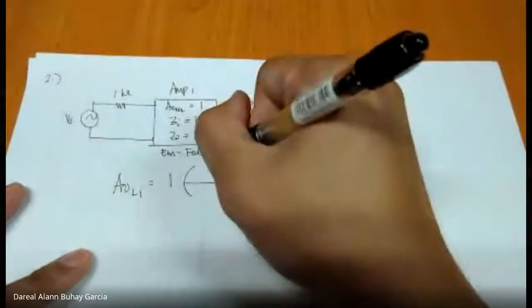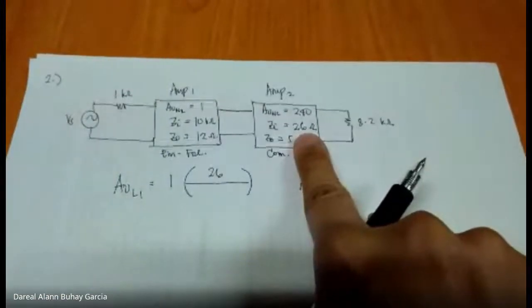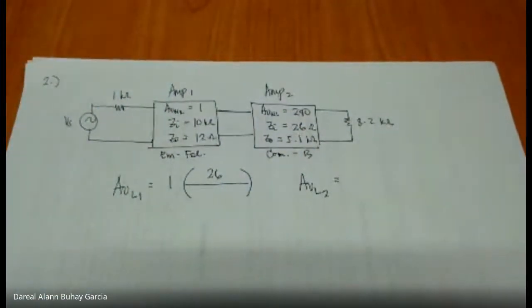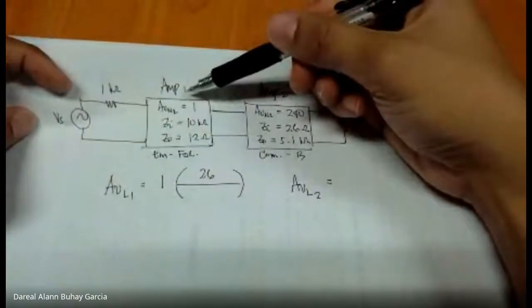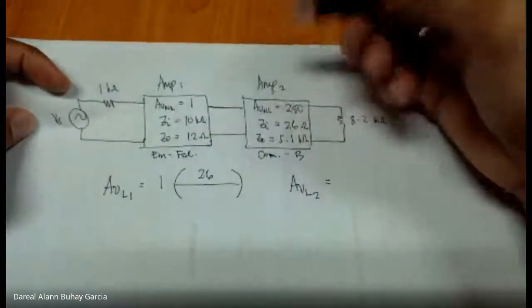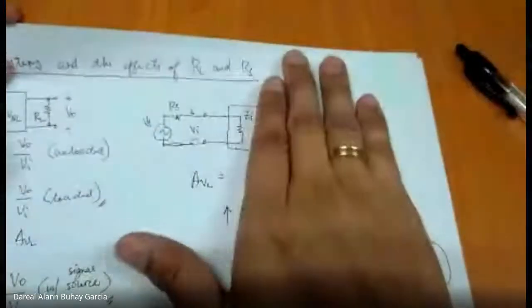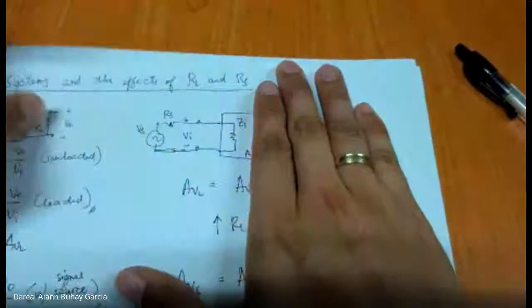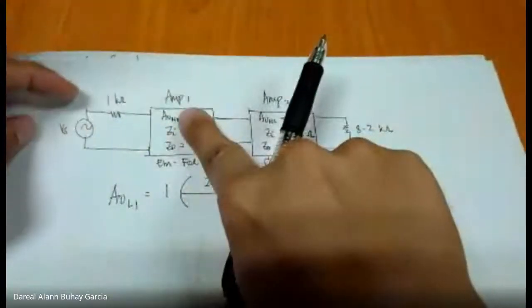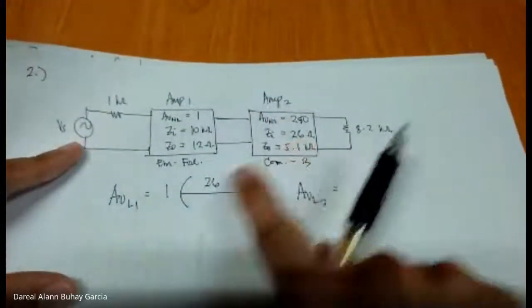Why is 26 used? From the perspective of amplifier 1, its load is 26 ohms, since there is no parallel resistor in our model. So it's 26 over 26 plus its own ZO, 12.